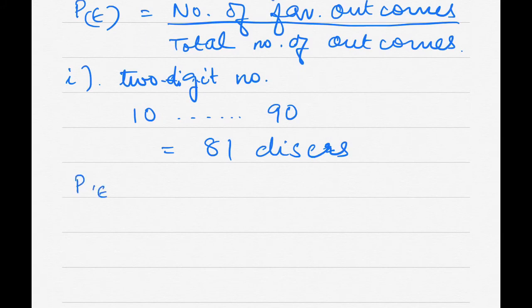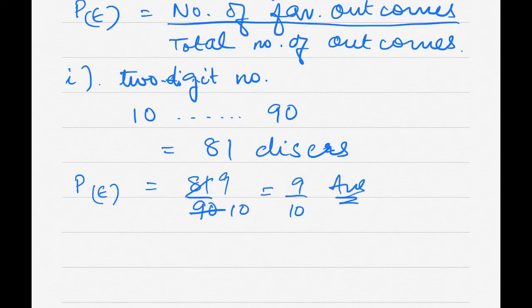Probability of getting a 2-digit number will be 81 by 90. So 9 9s are 81, 9 10s are 90, so 9 by 10 will be my answer.